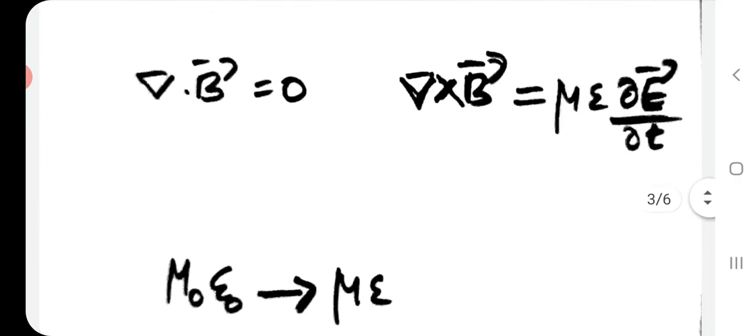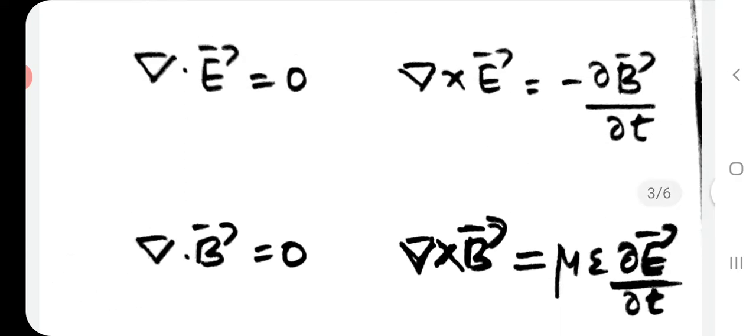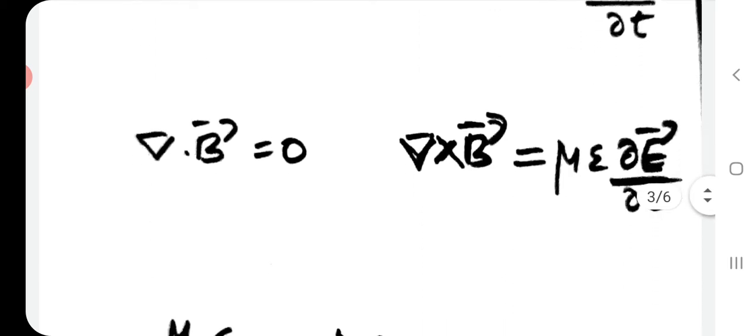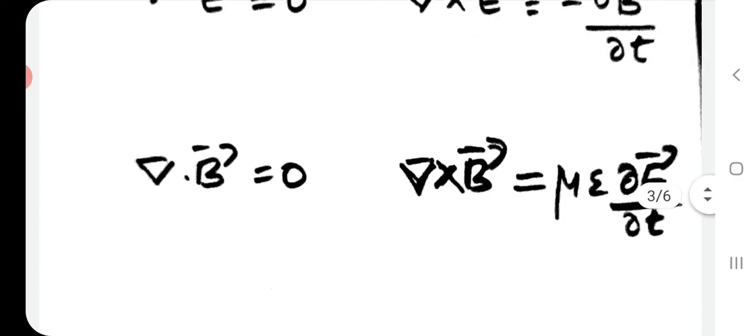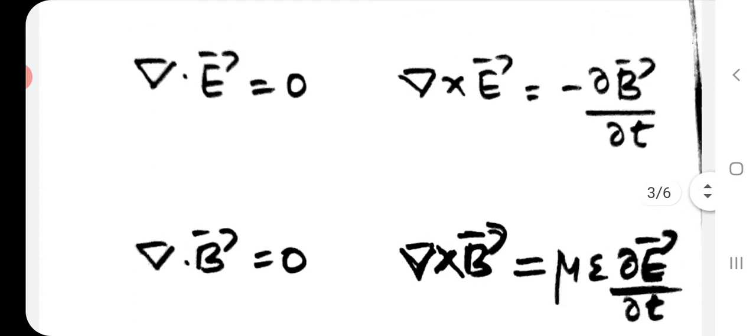Now these equations are different from the Maxwell's equations we saw in the free space, in empty space, just by mu 0 becoming mu and epsilon 0 becoming epsilon. Okay, so the only difference when we consider Maxwell's equations in a medium is we have to replace mu 0 by mu, epsilon 0 by epsilon.